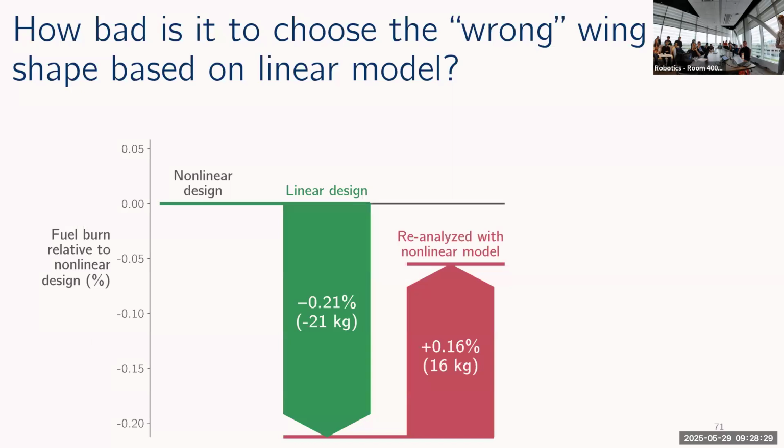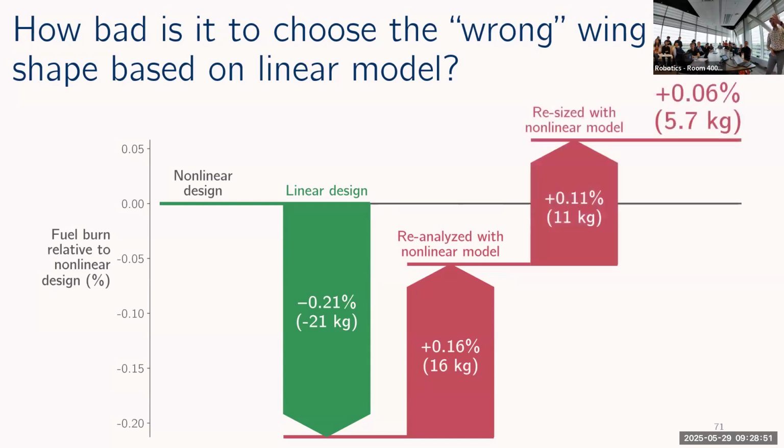So what I did to investigate that is, again using the nonlinear structural model, I took the design that was optimized with the linear structural model, and I re-optimized it, but only re-optimizing the structural sizing. So the shape of the wing was fixed at the design optimized using the linear model. And when we do that, yes, the fuel burn is finally worse than the wing that I designed with the nonlinear model from the start.